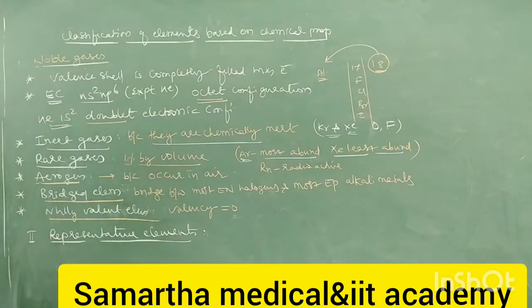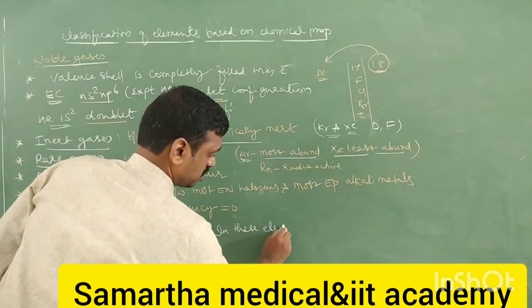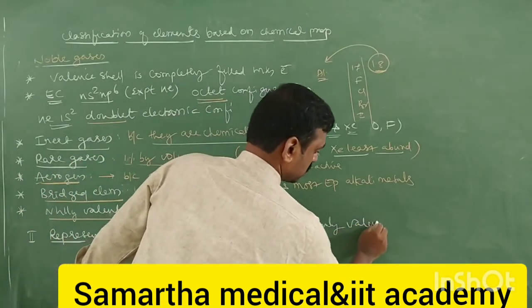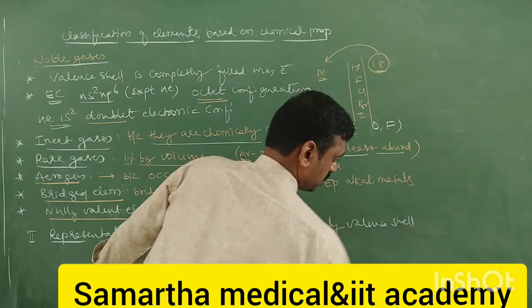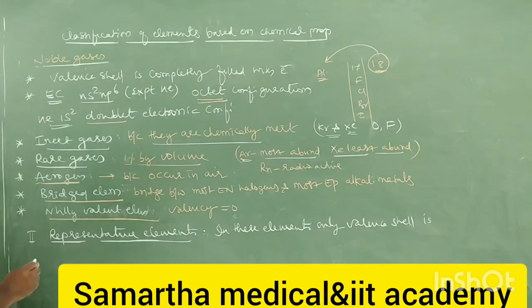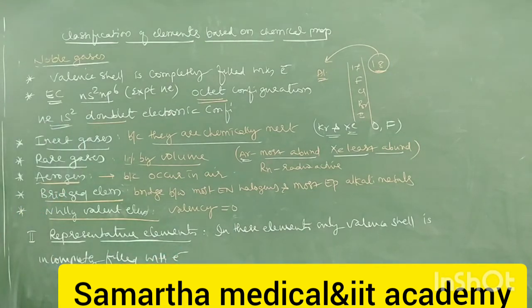In these elements, only the valence shell is incompletely filled with electrons, right?